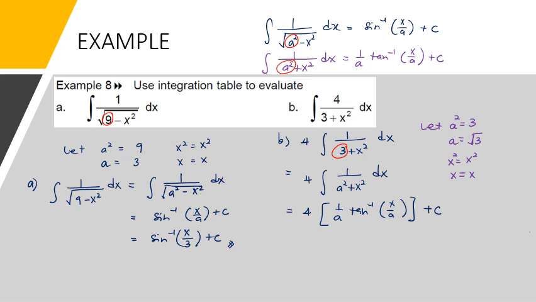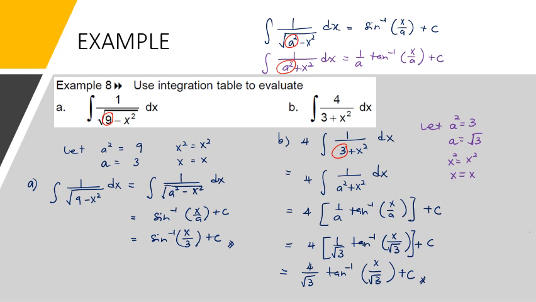Substitute the value of a: 4 in brackets, 1 over square root 3 tangent inverse of x over square root 3, plus c. Then expand, so it becomes 4 over square root 3 tangent inverse of x over square root 3, plus c. So this is our answer.